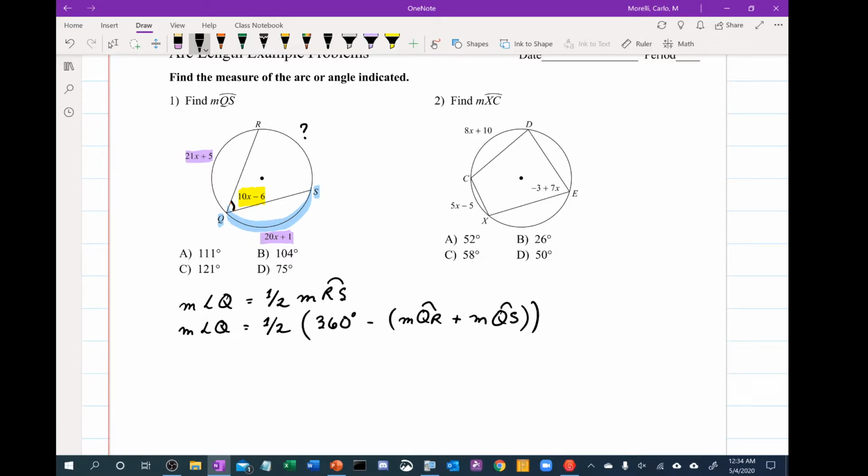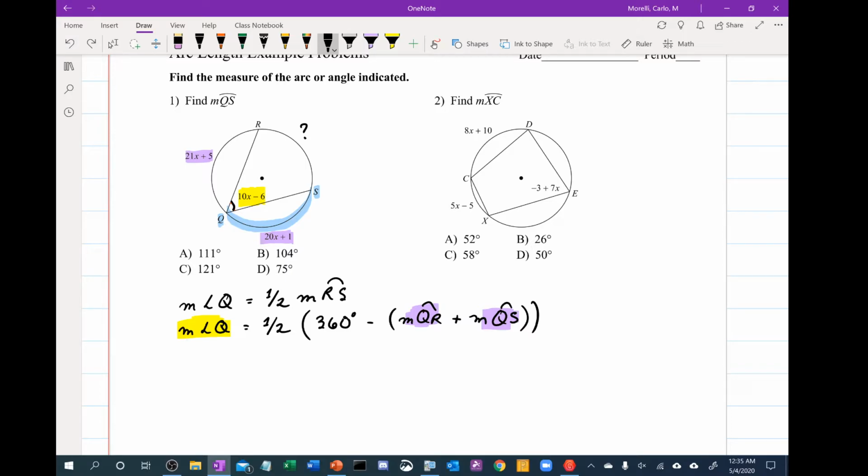Now we have algebraic expressions for the measure of angle Q, and for the measure of arc QR and the measure of arc QS. So we're just going to substitute in all of our algebraic expressions into this problem. But basically, all we're trying to do is find the measure of this arc by doing 360 minus this minus this.